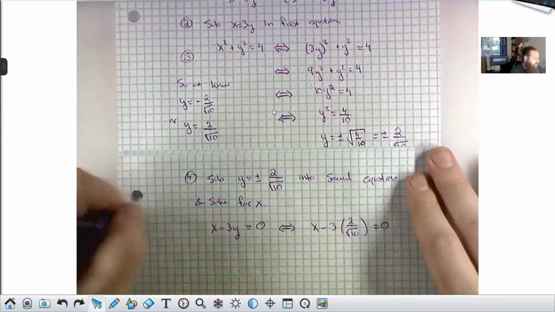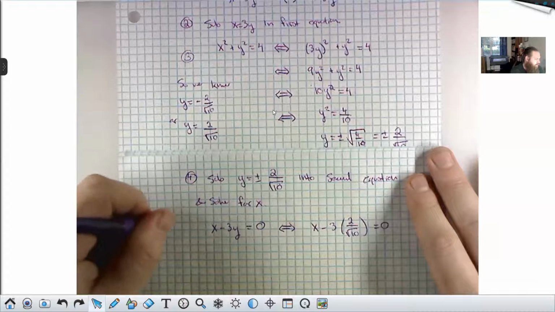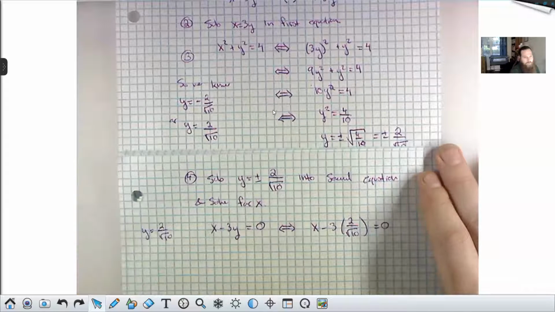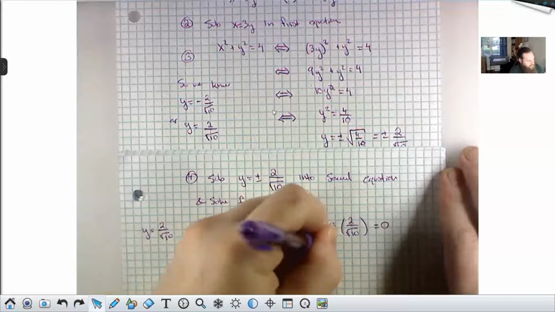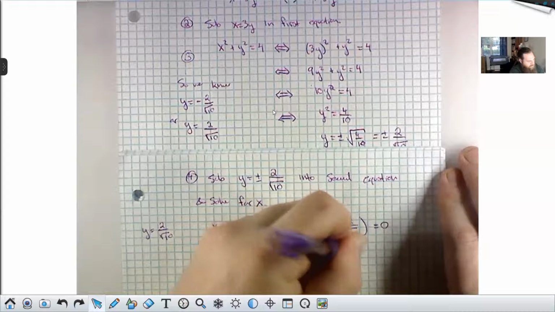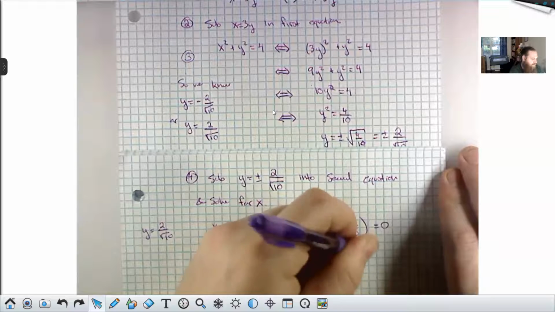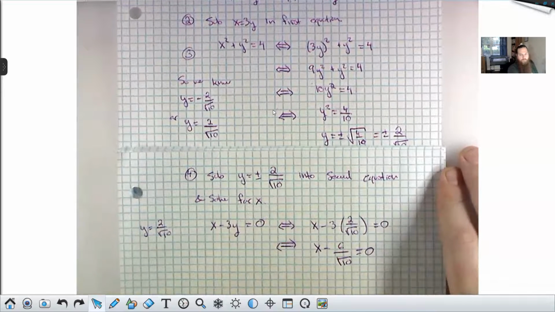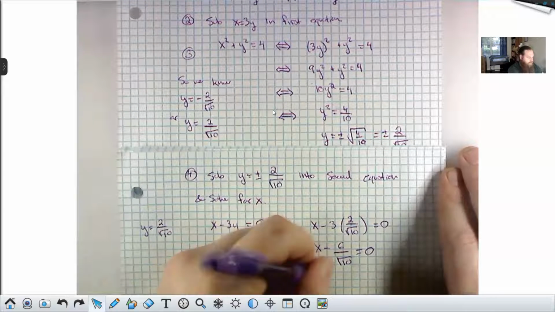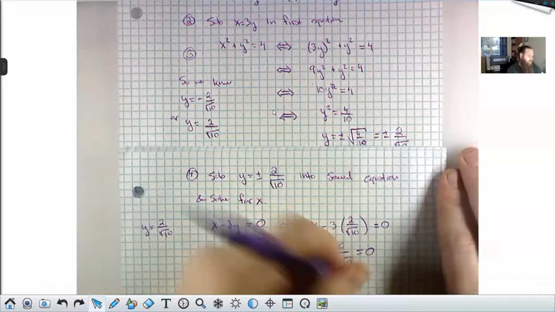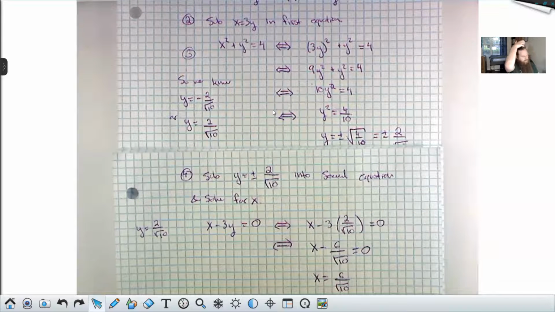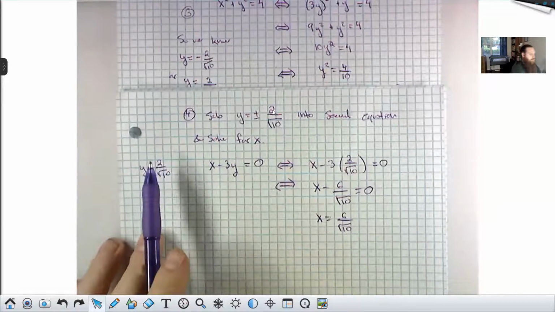So again, here I'm plugging in y equals 2 over root 10, the positive value. This is the same as saying x minus 6 over the square root of 10 is equal to 0. And now I can add that over to the other side. So x is equal to 6 over the square root of 10. So when y is 2 over root 10, x is 6 over root 10.